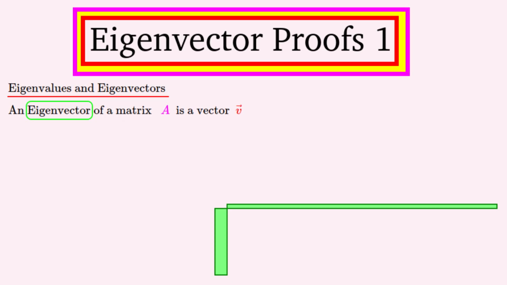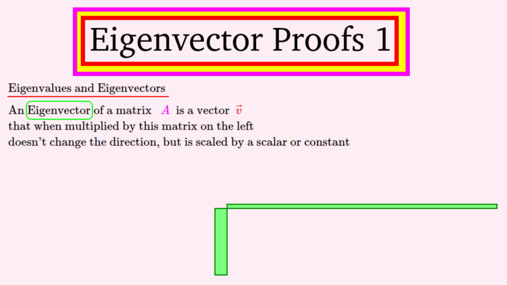So I'll just remind you of some of these things that we'll be using. We'll let vector v be an eigenvector of matrix A. When it's multiplied by A on the left, it is the same thing as multiplying it by a scalar, because this doesn't change its direction. This can be expressed by this equation, that multiplying matrix A by vector v is the same thing as multiplying a scalar lambda by v.